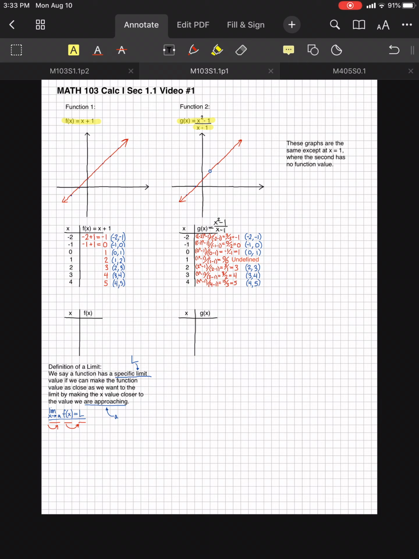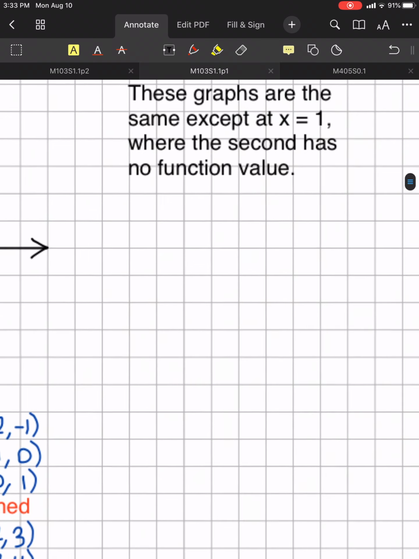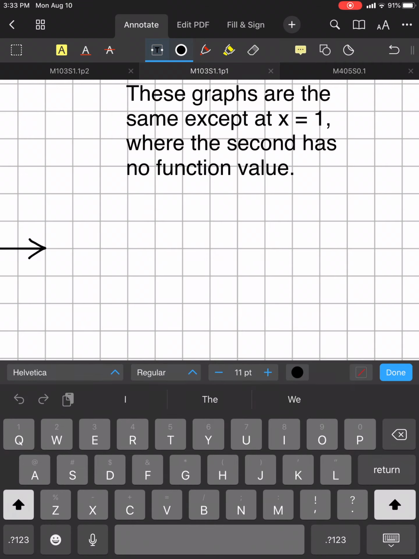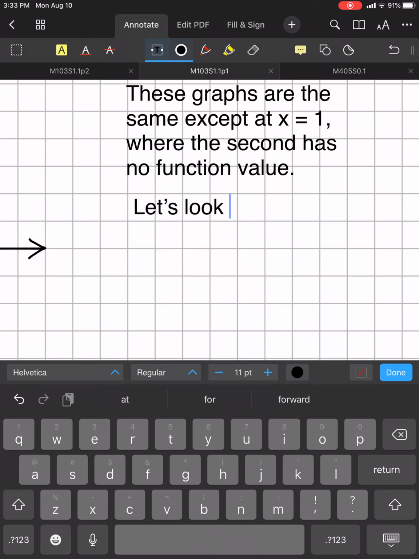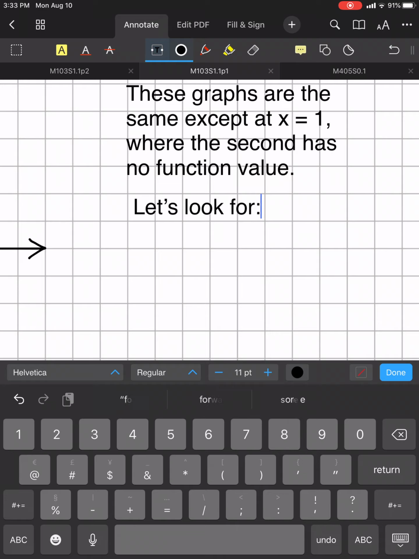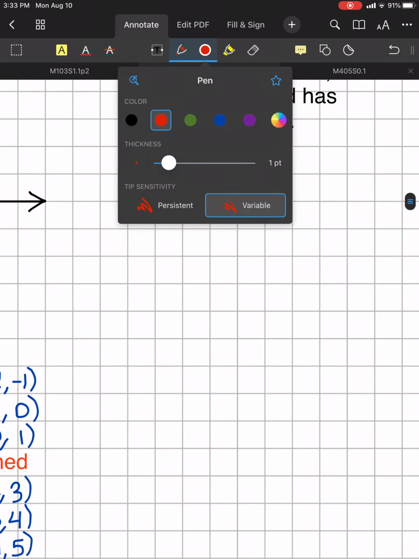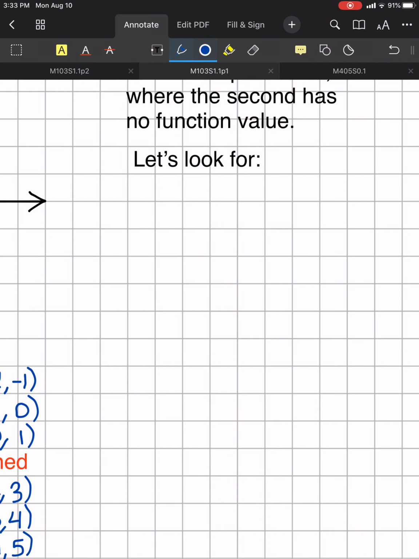But let's actually use this idea to look for two things here. Let's look for, and let me put these in here in blue, two things.